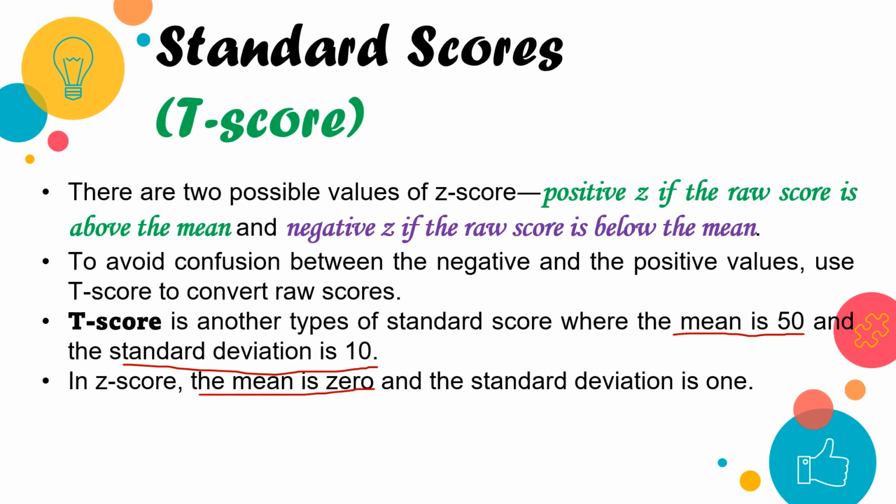Please take note also of the differences between z-score and t-score. Again, t-score has a mean of 50, z-score has a mean of 0. The standard deviation for t-score is 10, and the standard deviation of z-score is 1.